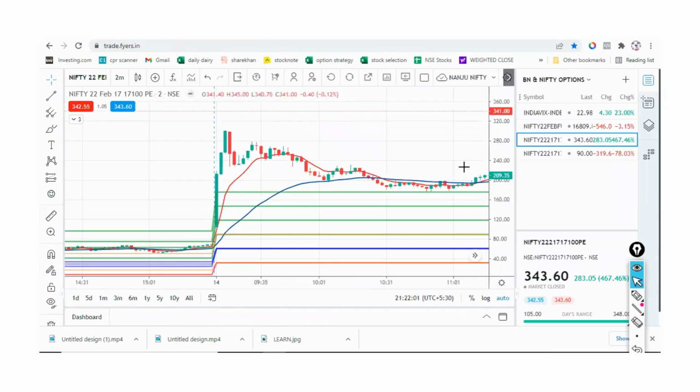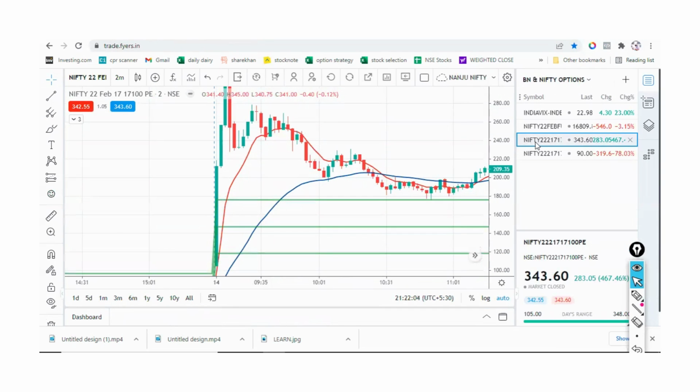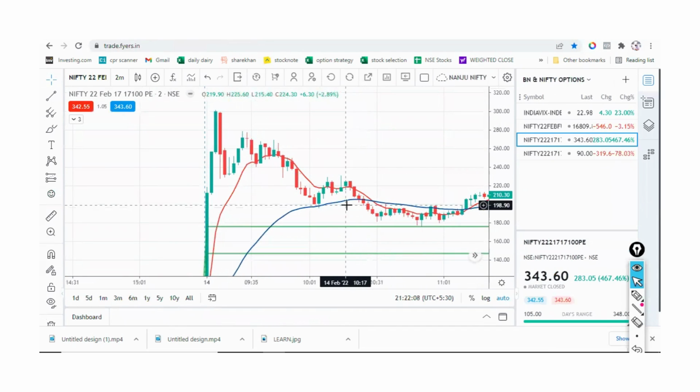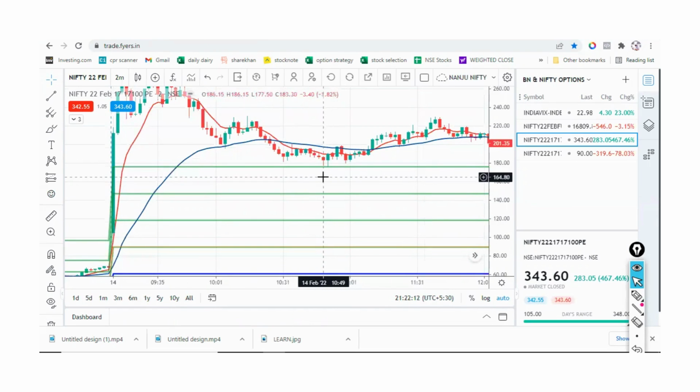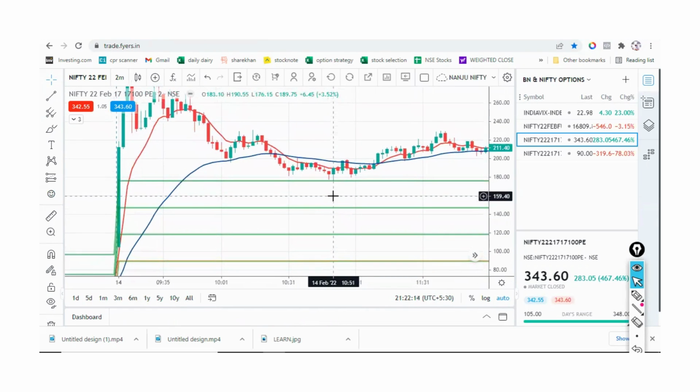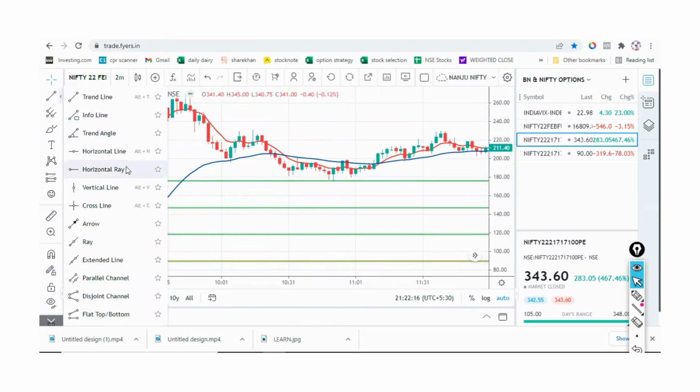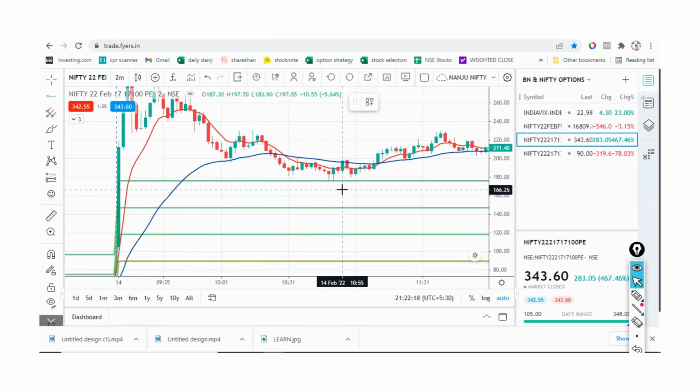Now let's go to the option chart. Now this is an option chart. Where is 17,050? So this is the 17,050 candle.